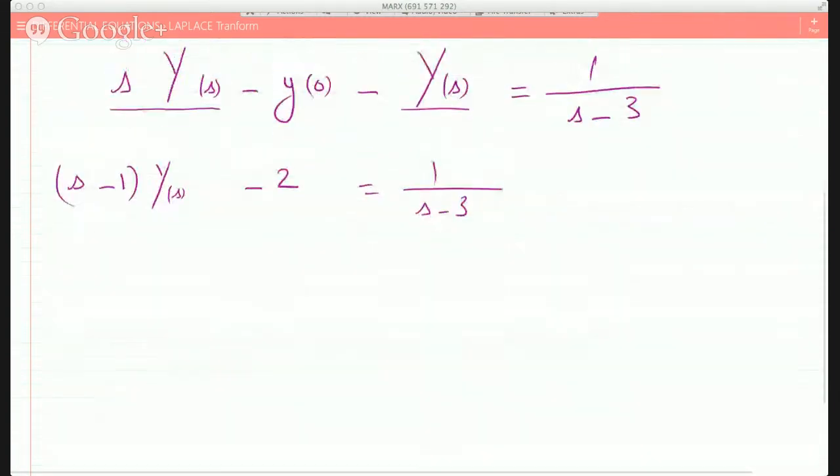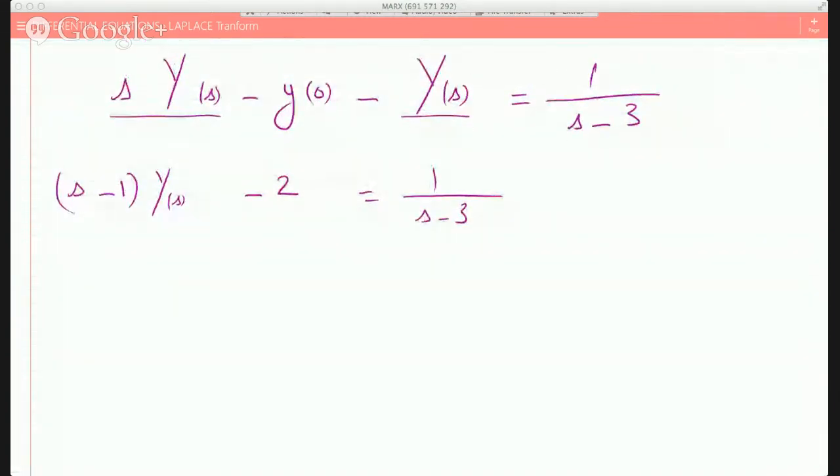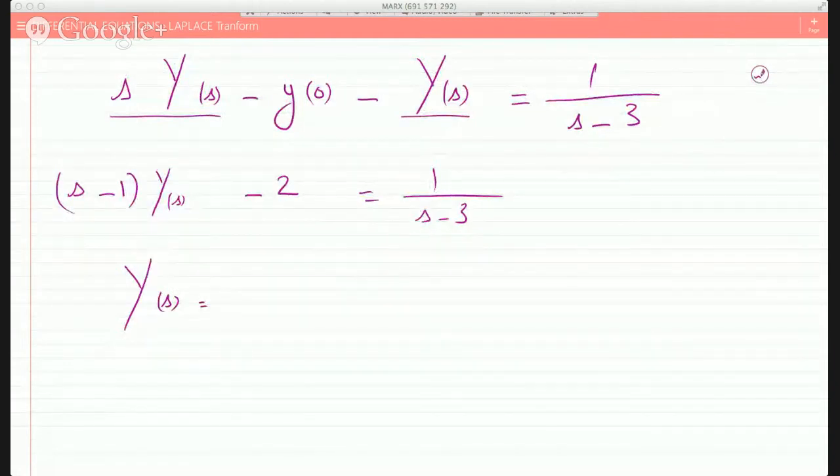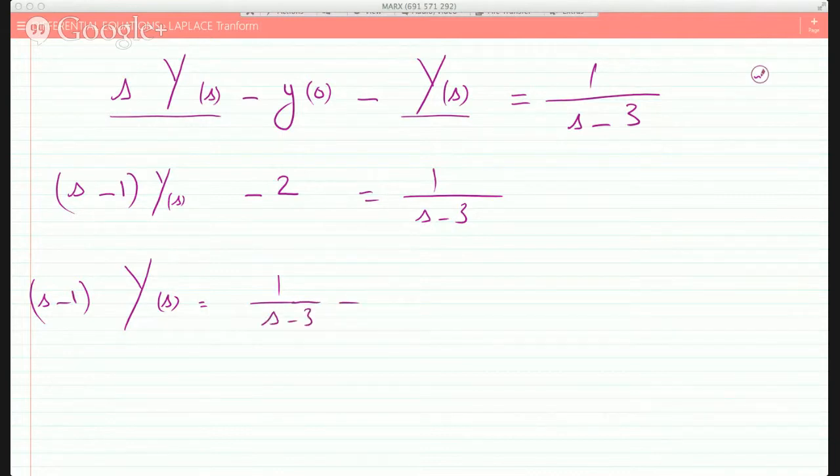And now it's just algebra to find Y of s. Let's do it in two steps. So s minus 1 times Y of s is equal to 1 over s minus 3 plus 2. You can find a common denominator here. So this becomes 1 plus 2 times s minus 3, so 2s minus 6, over s minus 3.